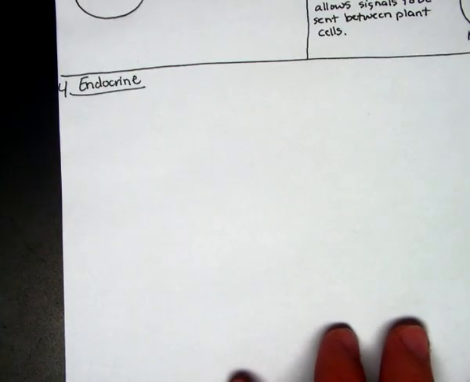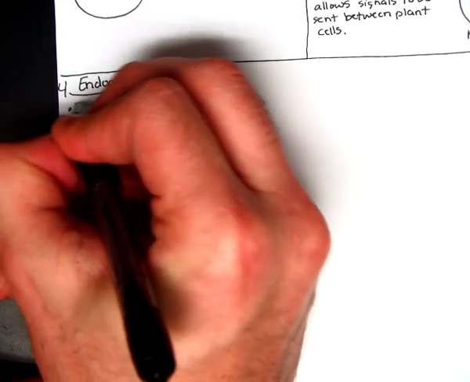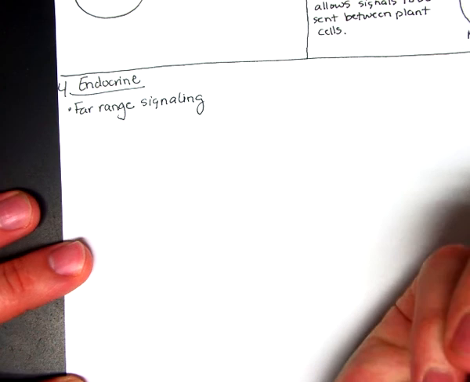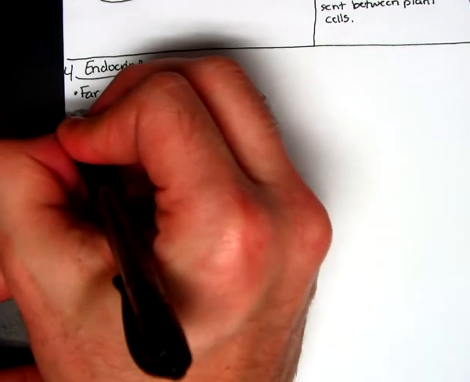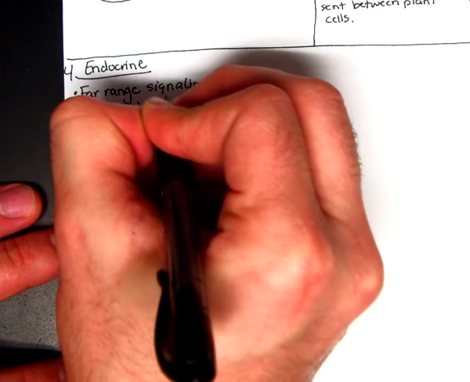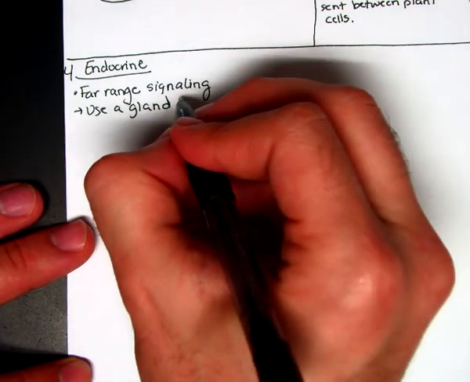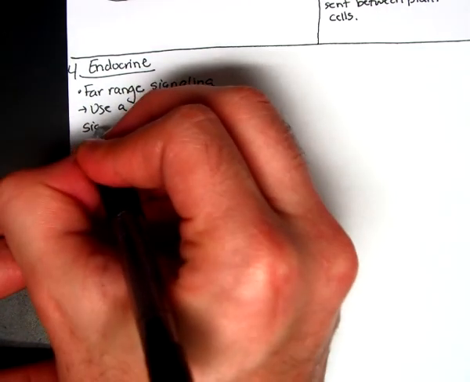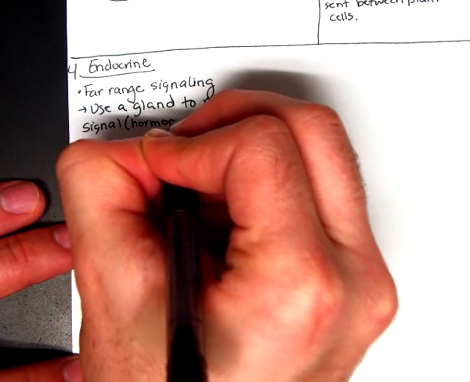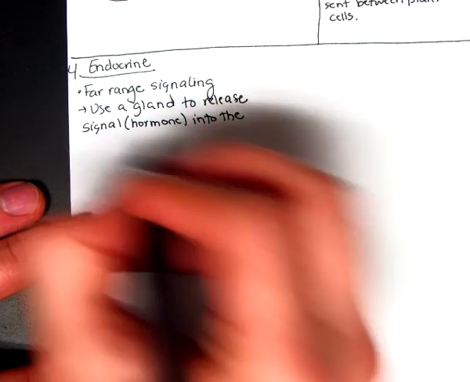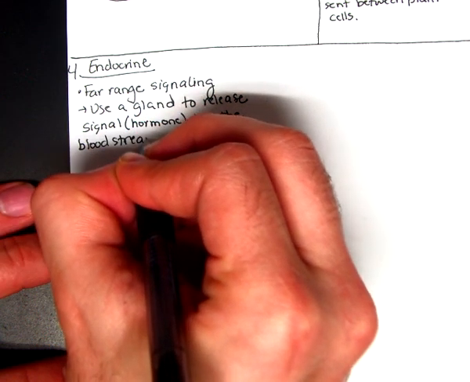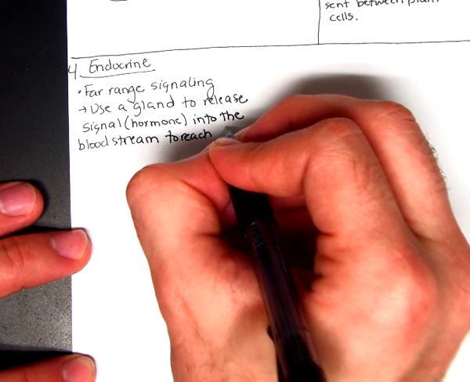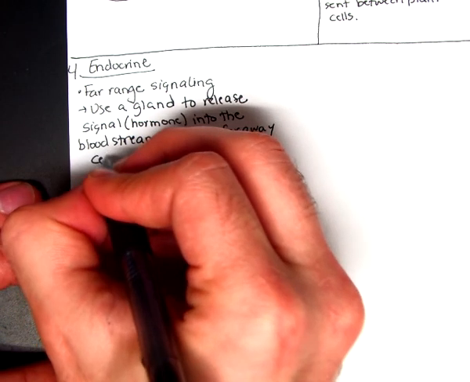So endocrine. This is our far range signaling, where we typically will use a gland to release a signal, typically a hormone, into the bloodstream to reach far away cells.